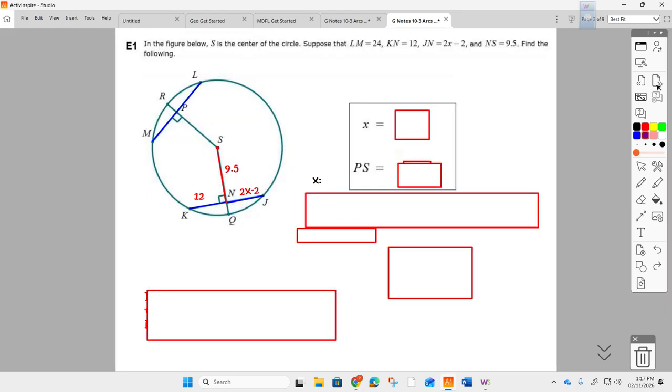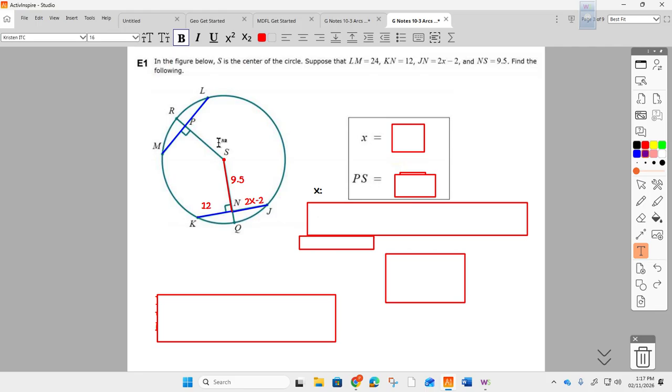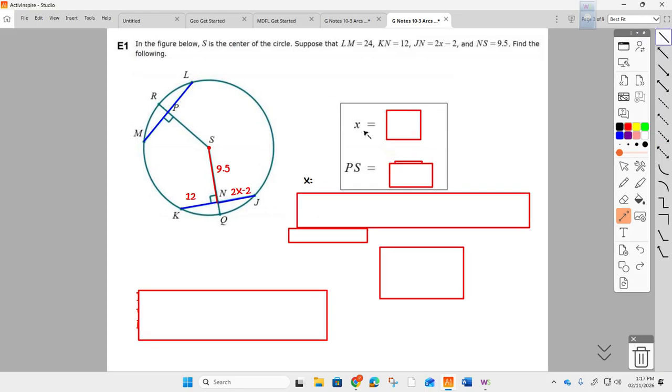All right, so the first example, let's mark your diagram with the given information like I have. I didn't mark all of it, but I marked some of it. So LM is 24. I don't really know how to mark that one, but we know that from here to here is 24.